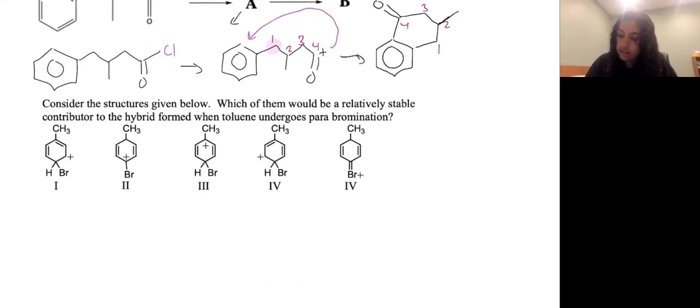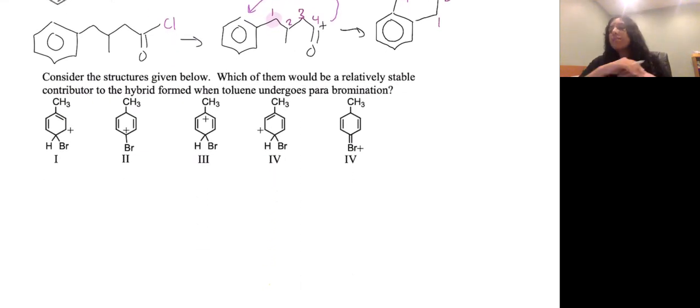Okay, and then the very last one, we have one of these. So this is a popular question about the arenium ion intermediate. And it's giving you a bunch of resonance structures when the intermediate forms. That would be when you have that sp3 hybridized carbon before you do the elimination step.